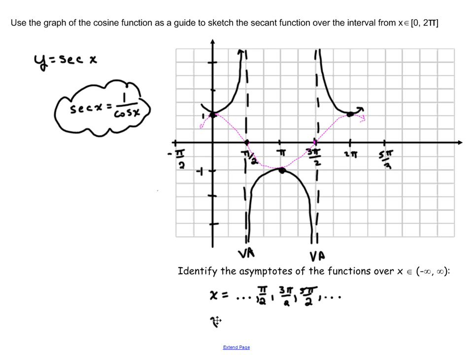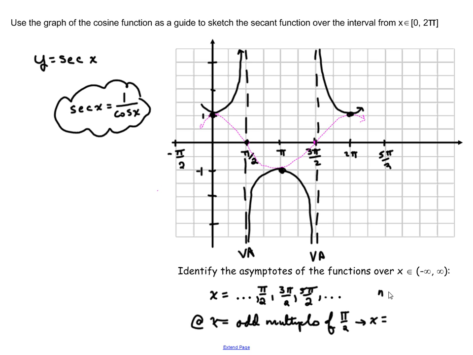So another way of stating this might be to say, all right, vertical asymptotes occur at any odd multiples of pi over 2. In the world of graphing, in pre-calculus, how do we get an odd number?